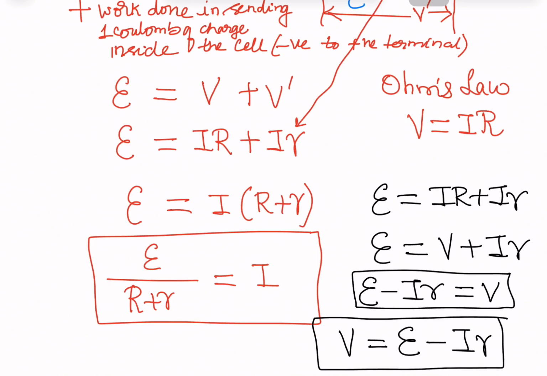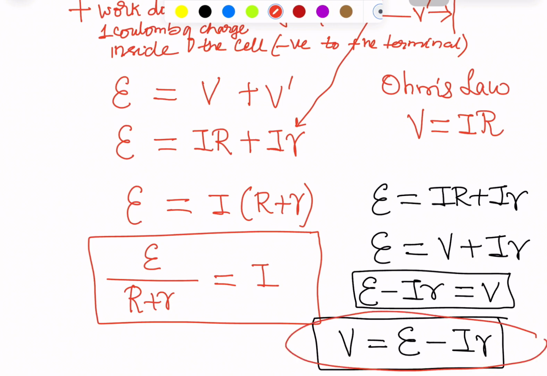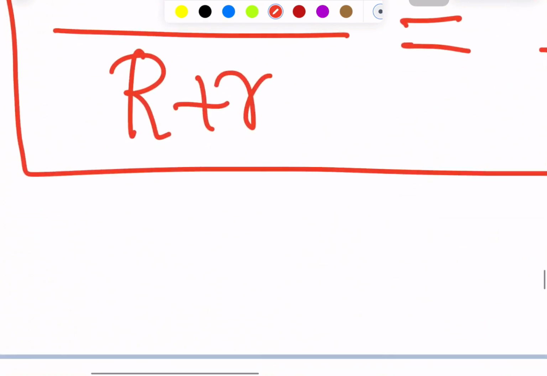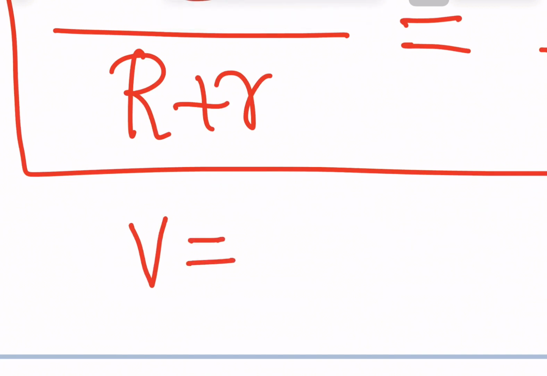So this equation is very important. V is equal to EMF of the cell minus I into small r.